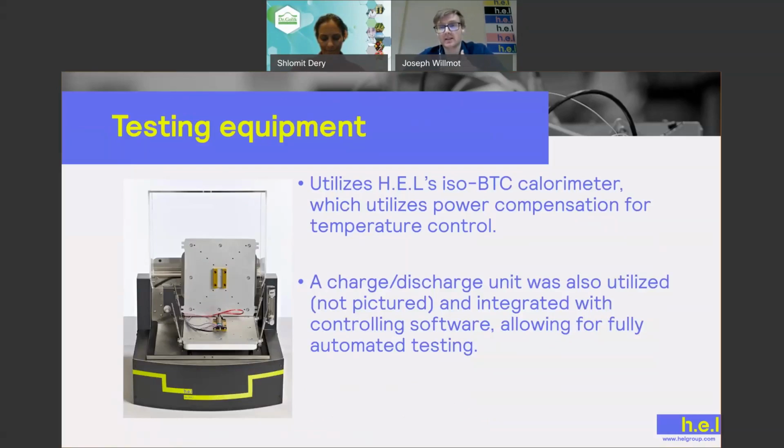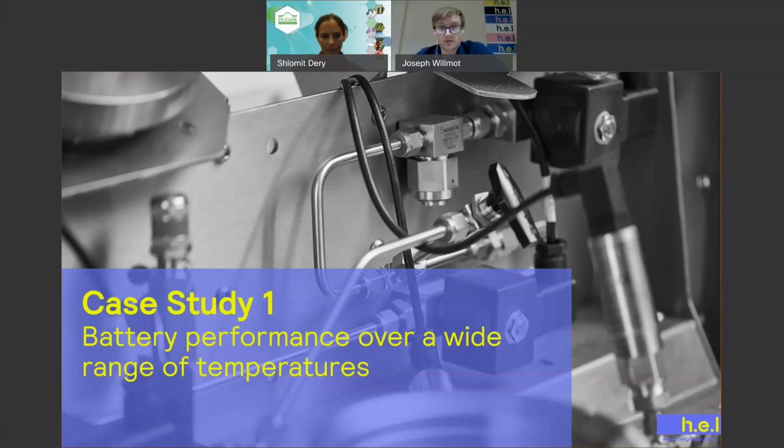So let's consider how we would use this isothermal calorimetry to help characterize some of the batteries. The first example that I'll walk through today is we wanted to characterize a cell over a wide range of temperatures to see how its heat flow, how its thermal duty, changed over a variety of temperatures.